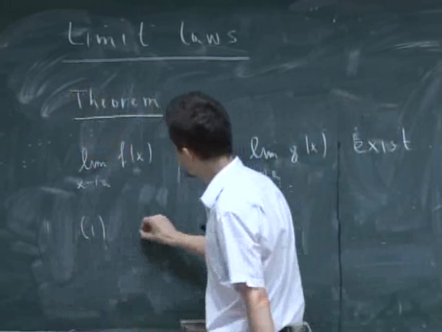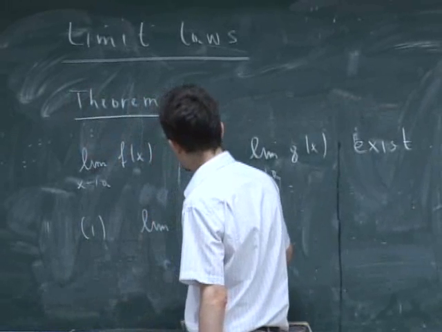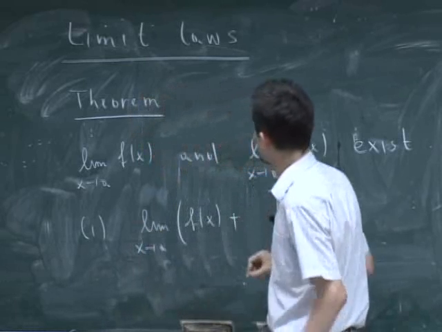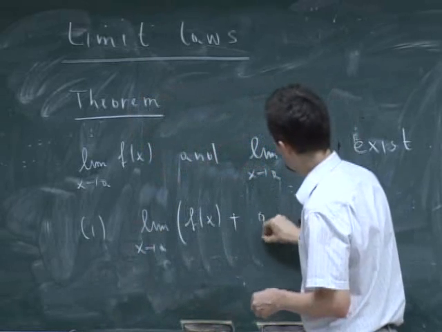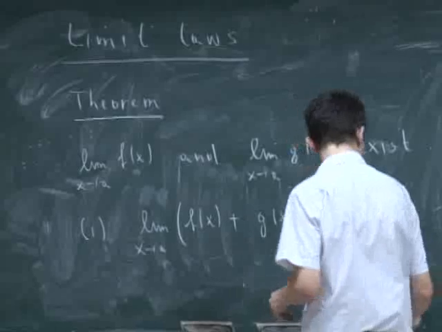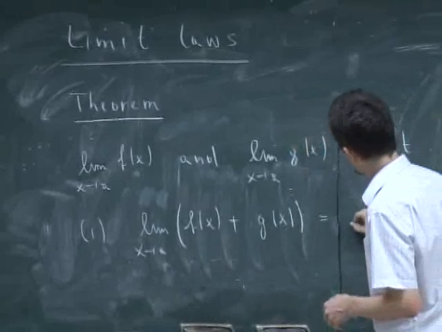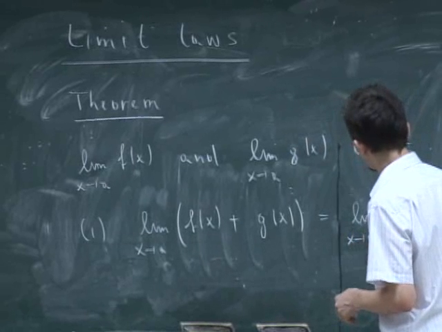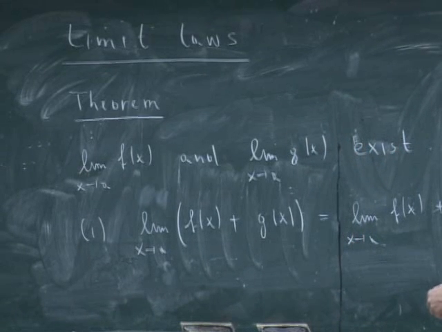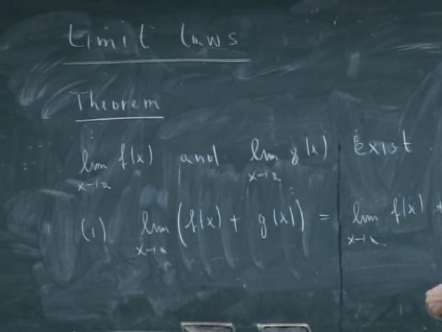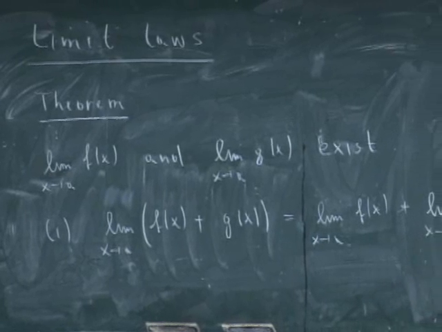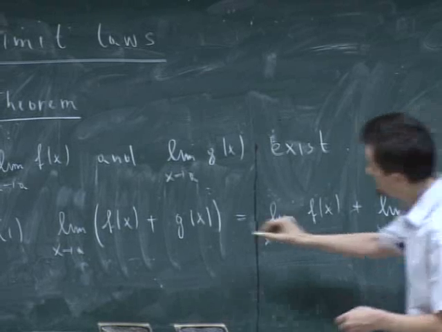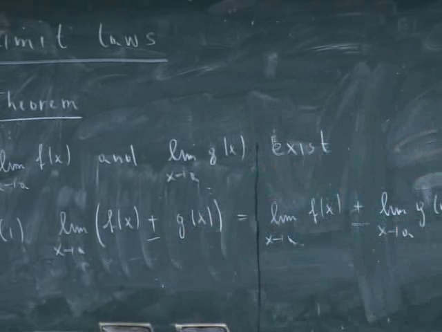The first law is that the limit of the sum, as we have seen already, as x tends to a, will be equal to the sum of the limits. So the limit of f of x as x approaches a plus the limit of g of x as x approaches a. We have proved this already by using the epsilon delta definition. Now, of course, if you have a minus here, then you will have a minus there.